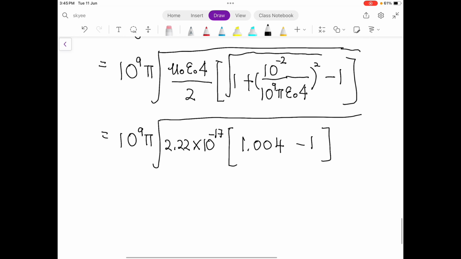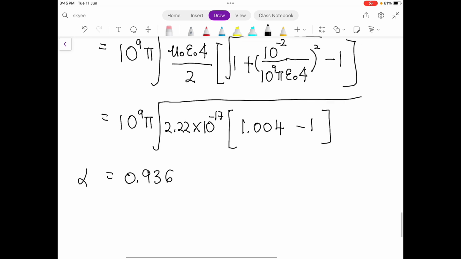So the answer will be 0.936. This is my alpha.